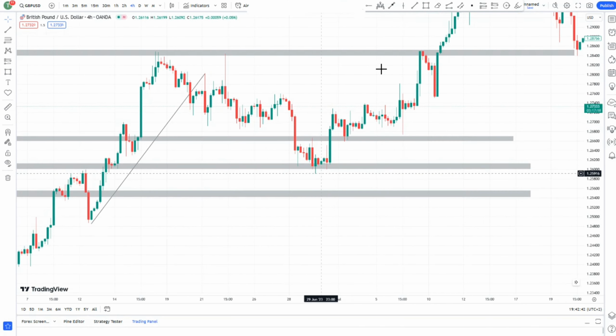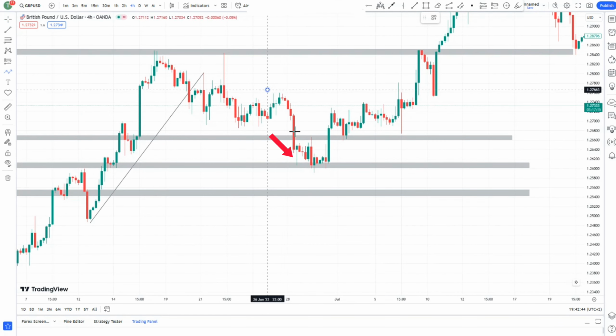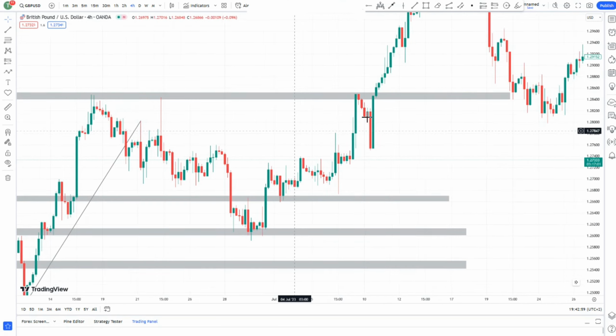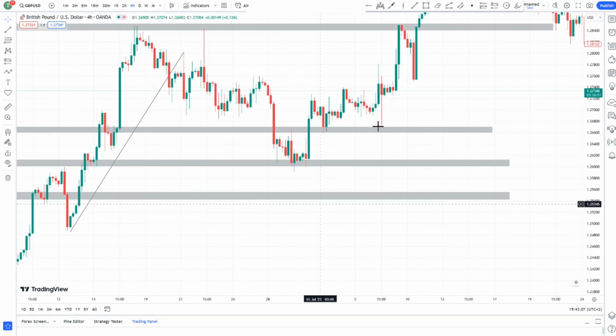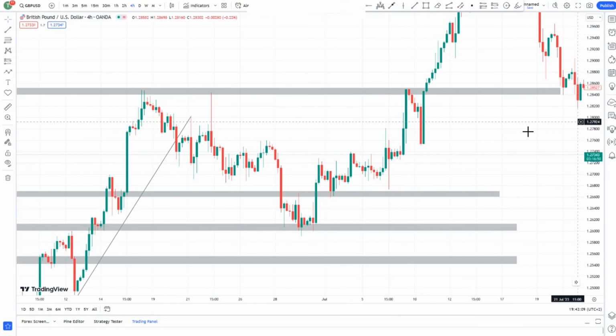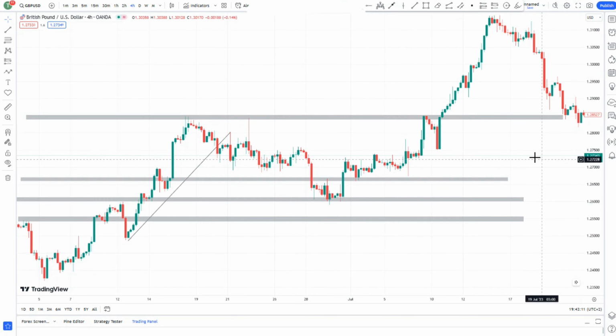You can see the price did come down towards this level and then reversed, came back for a retest on this level and then shot up. And you can clearly see that this level also did work right here and price did reverse. So these support and resistance levels are valid, right? So that's how you would use it to find your support and resistance level.